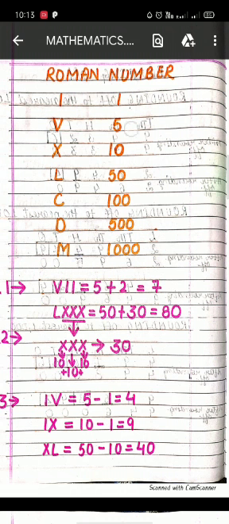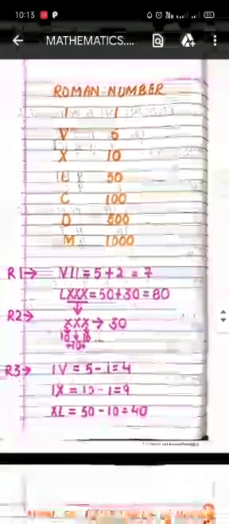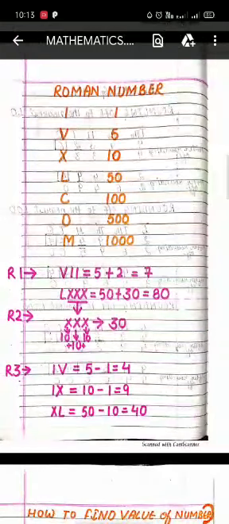So these are the 7 symbols used in place of these numbers. And by using only these 7 symbols, we make the greatest number possible. So there are some rules to make these numbers. Using these rules we can form the numbers from these Roman numbers.